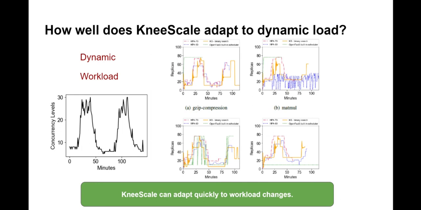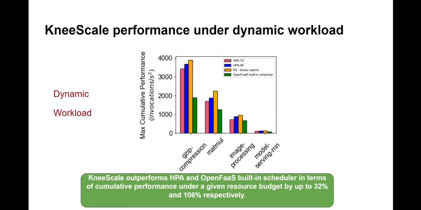KneeScale can adapt quickly to workload changes. Likewise, we look at the maximum cumulative performance achieved under the dynamic workload. KneeScale outperforms HPA and OpenFaaS built-in scheduler by up to 32 and 106% respectively.